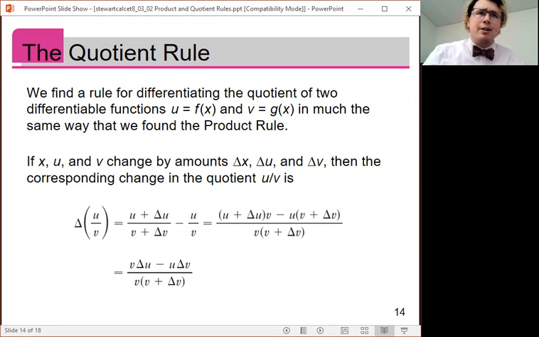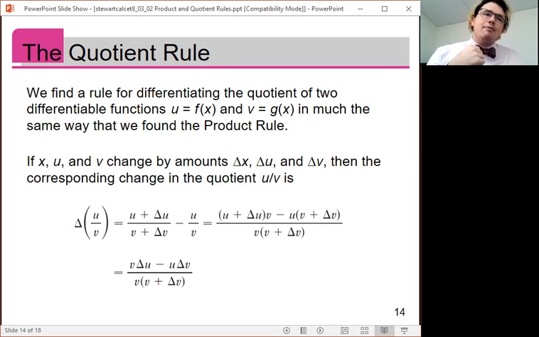Let's just go ahead and assume that both f and g are some functions we do know derivatives for. Well, difference quotient says delta of my function is just change. My x variable is going to change a little bit that I call delta x, or sometimes I call this h when I'm actually calculating limits.